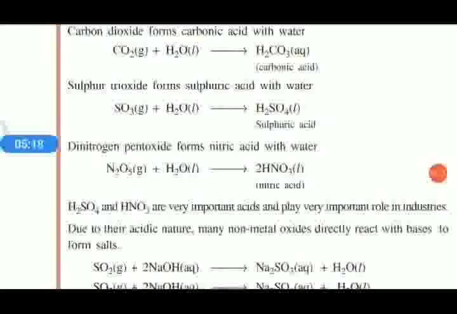They float in air and mix with water to produce carbonic acid, sulfuric acid and nitric acid. It causes acid rain. H2SO4 and HNO3, sulfuric acid and nitric acid, are important acids that play a very important role in our industries.